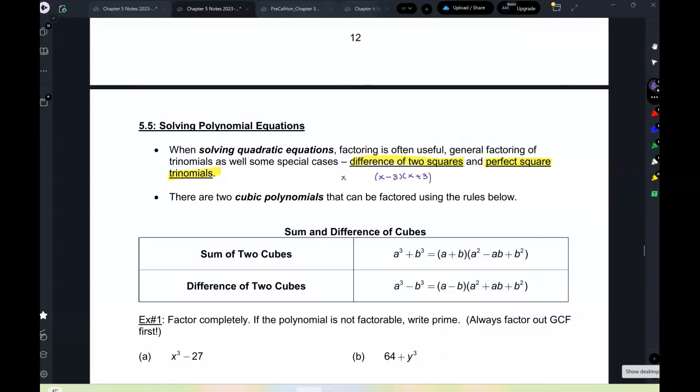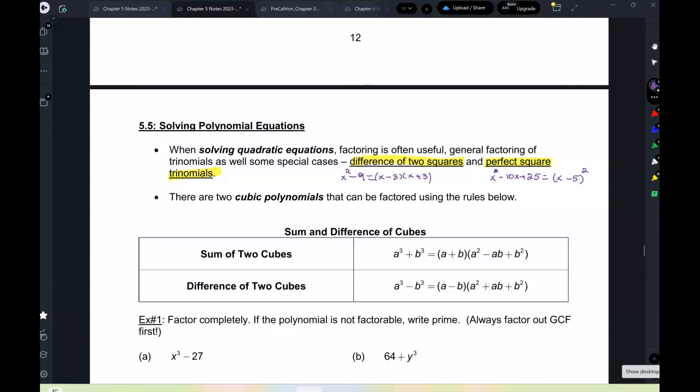So if you had x squared minus 9, it would factor like that. Remember that? And then for the perfect square trinomial, if you had, let's say, x squared minus 10x plus 25, you would say perfect square. That was x minus 5 squared. So we learned these two patterns.